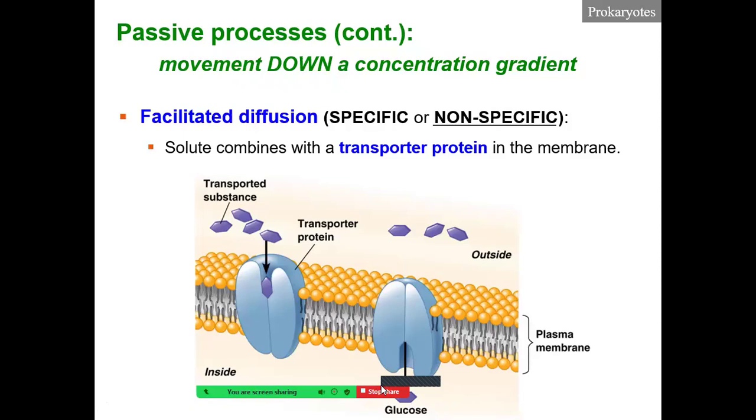When glucose is higher in concentration outside the cell than inside the cell, glucose will move into the cell by facilitated diffusion.